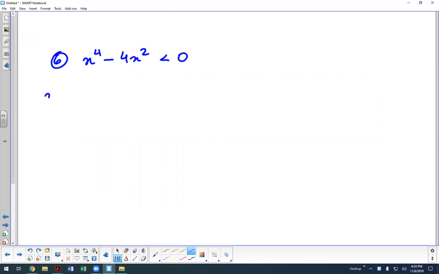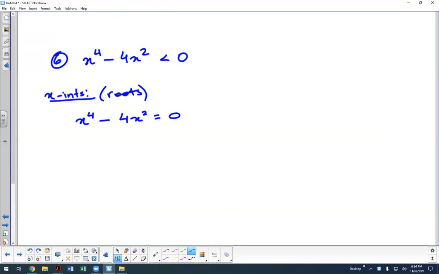So let's start by finding our x-intercepts, or you can think of them as your roots. Okay, so if we're finding the x-intercepts, you can think of this again as an equation. So x to the fourth minus 4x squared equal to 0.